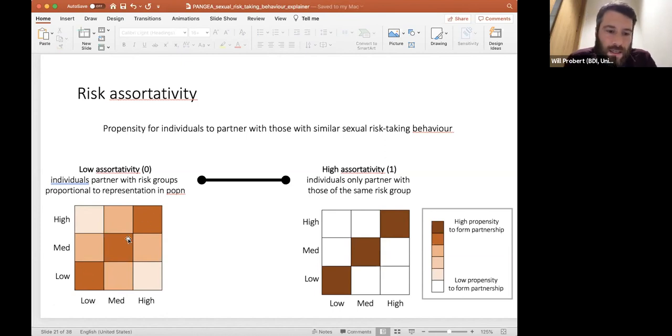So there is a diagonal, so there is some propensity for partners to form with individuals in the same risk group, but it's more evenly spread out. Whereas if we have a higher assortativity, individuals within the same risk group are only partnering with individuals in the same risk group. So we allowed the model to adjust this parameter so that we could best fit the data.